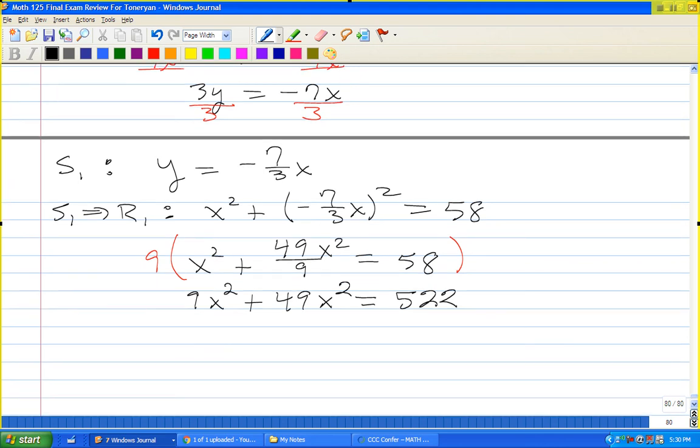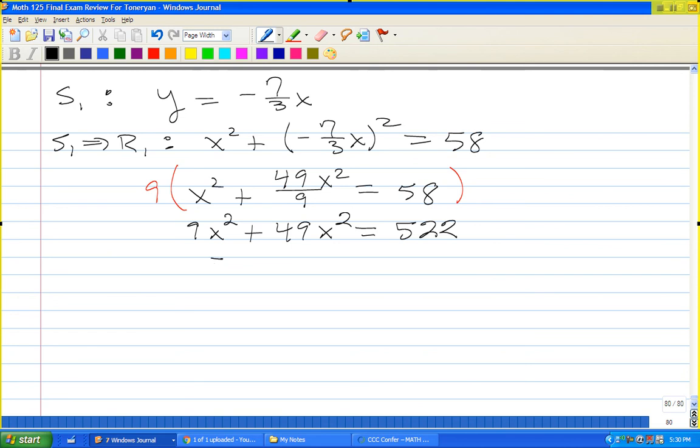And so 58x squared equals 522. Divide both sides of your equation by 58. So x squared is equal to 9.